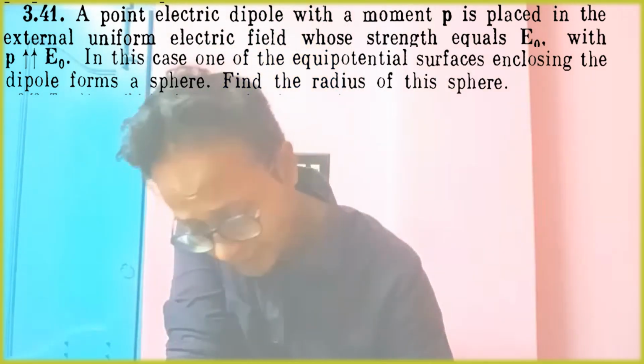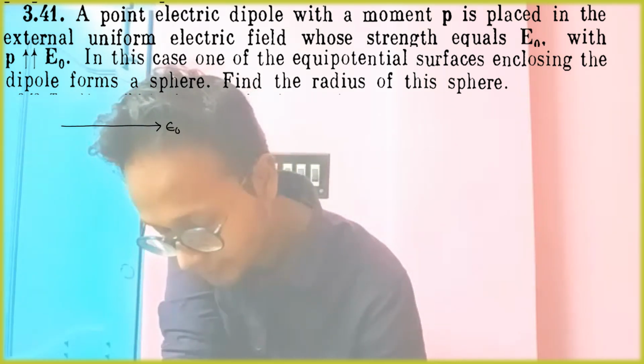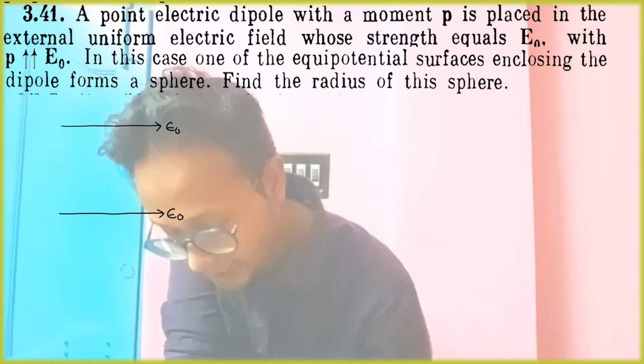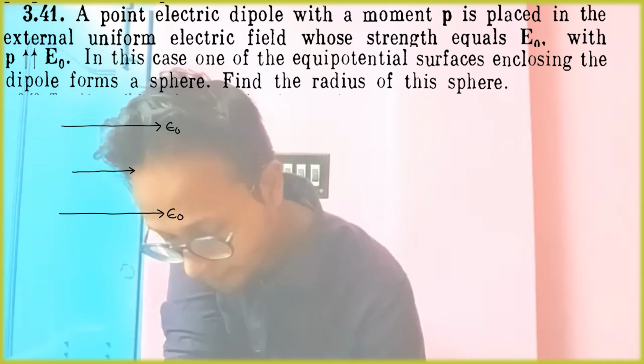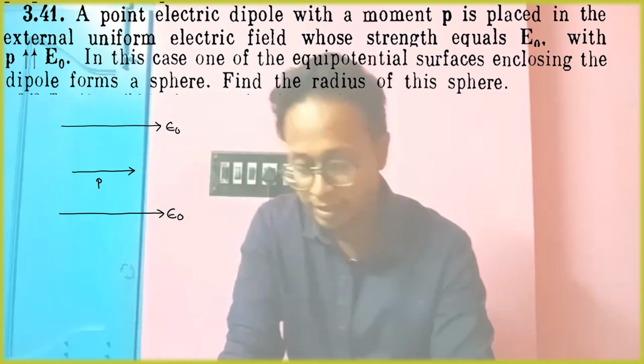Okay, in this question, there is an external electric field out there. And inside this external electric field, there is a dipole kept along the direction of the electric field. Fair and fine.